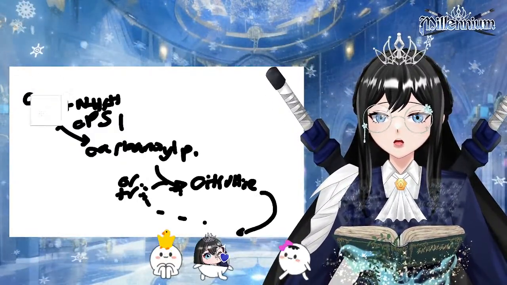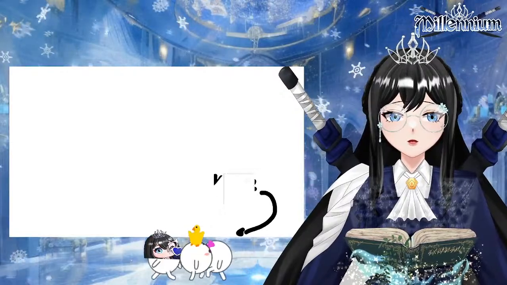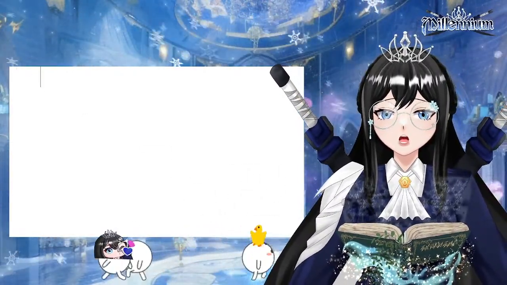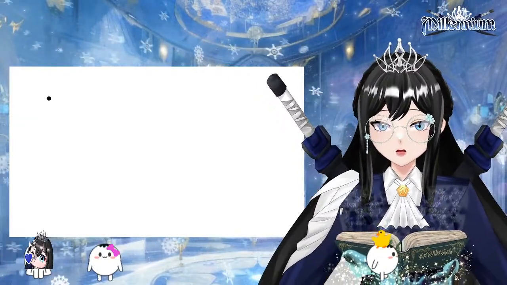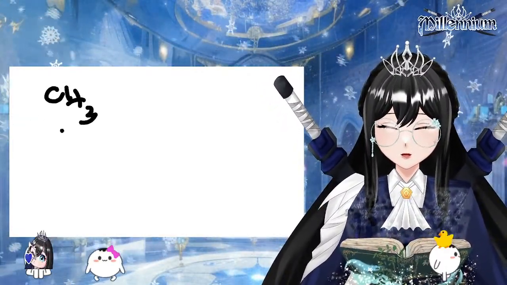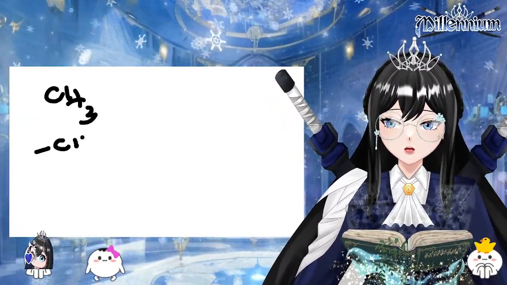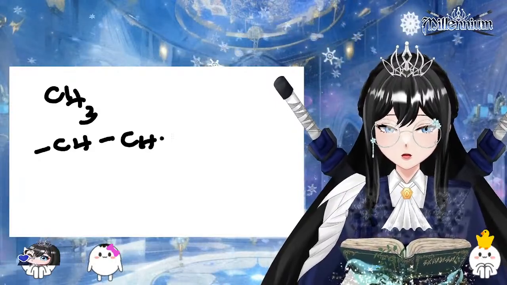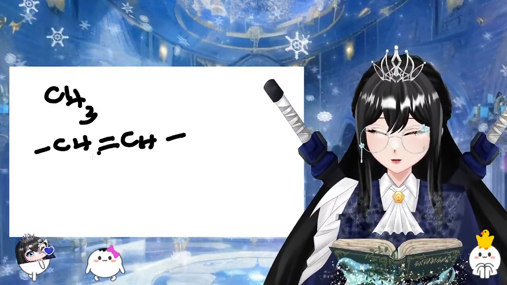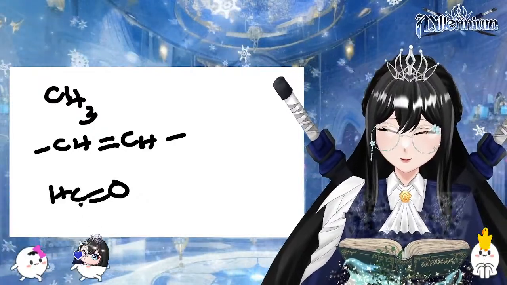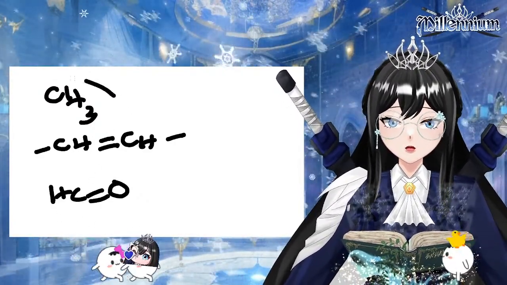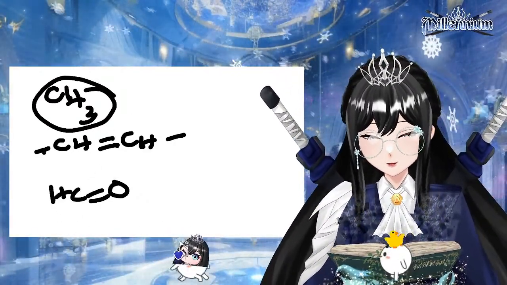So if we erase this, you have methyl, CH3, methylene, that is CH2, because it's an ene. And then you have formyl, CHO, and the most reduced and simplest form is the methyl.